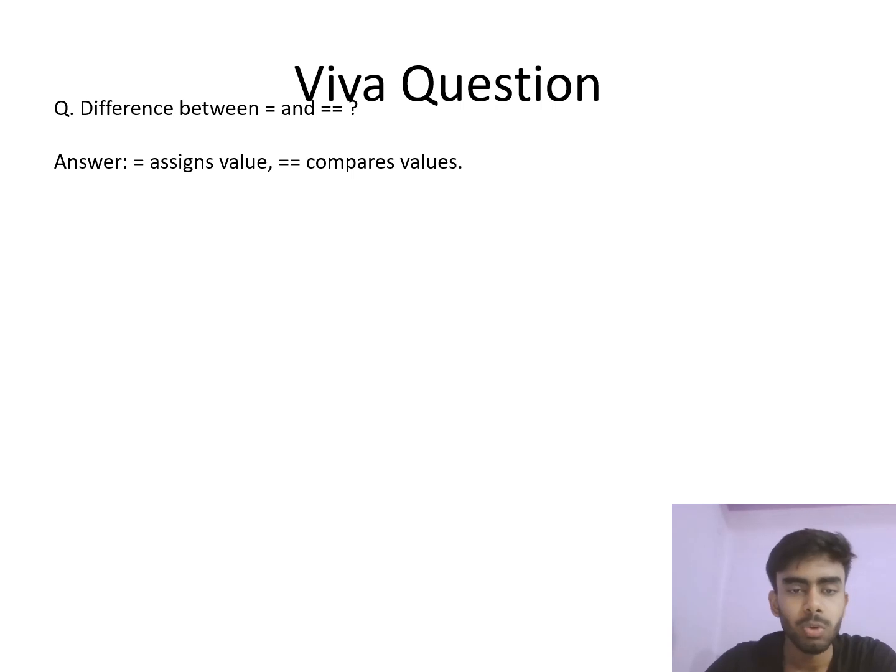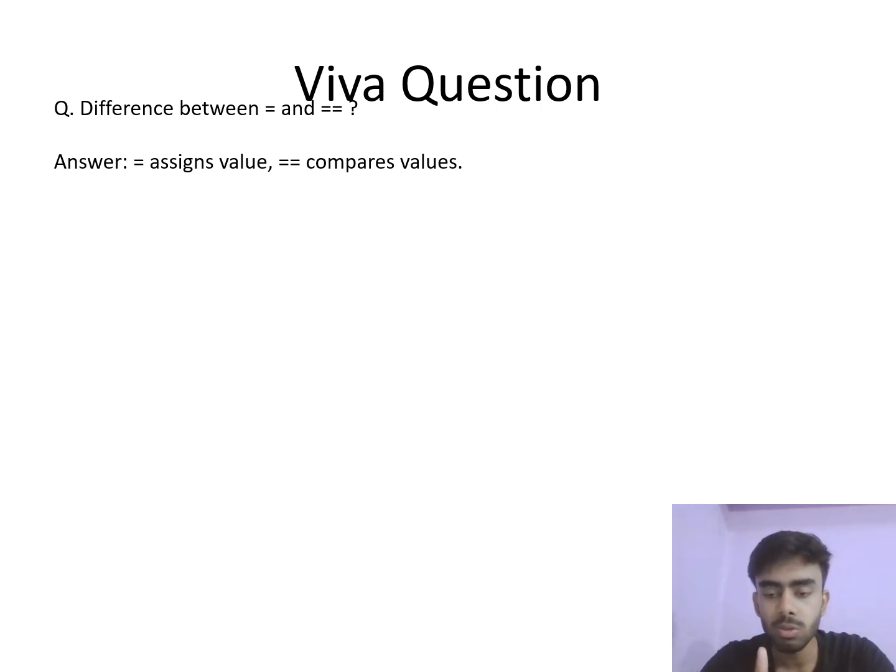Difference between equal to and equal to equal to. So equal to is for assigning a value. Like if you are assigning some value to a variable, and a variable is something that stores that value in some specific location so that whenever you require it you can call it.